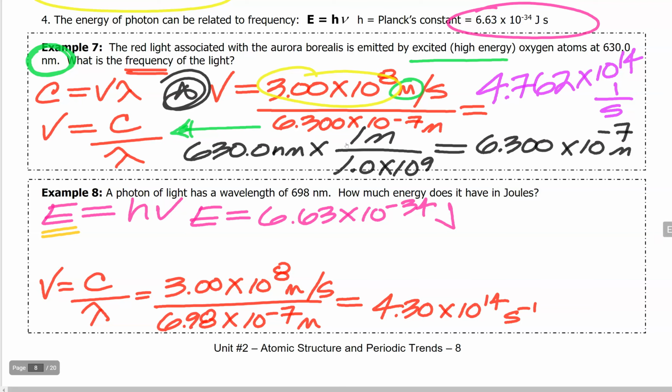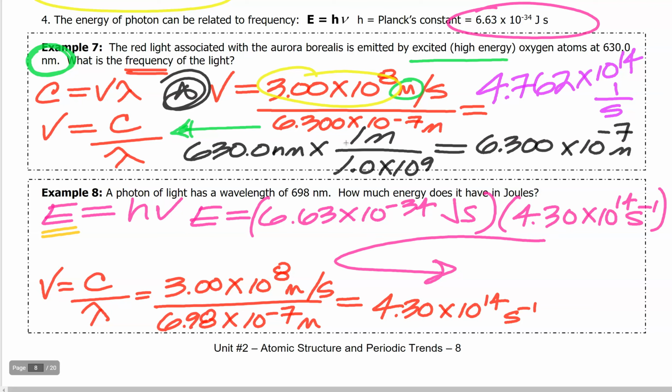And so you see the energy piece, because this is going to be an answer in joules, and then we're going to multiply that by the 4.30 times 10 to the 14th hertz, and then this will give us our final answer.